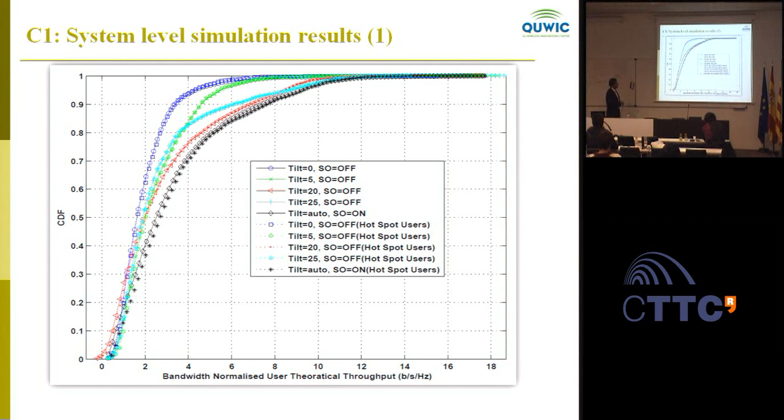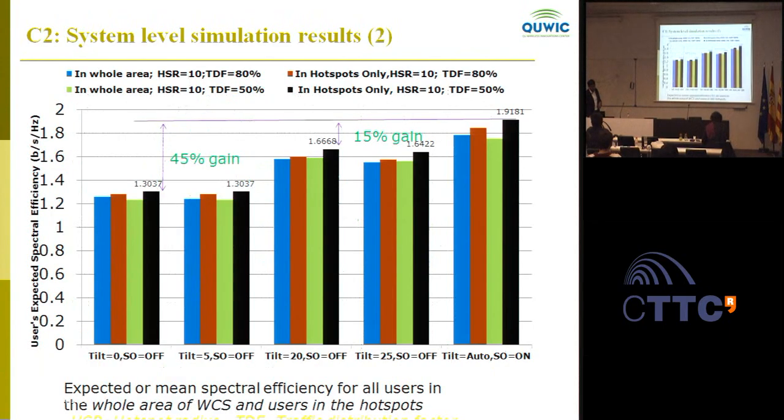So you gain, it depends on the location of hotspots, but on average, in this simulation the hotspots are randomly located, and it's a 51-cell network. So you can have some substantial gain in spectral efficiency just by adjusting the tilts of 3 adjacent base stations.